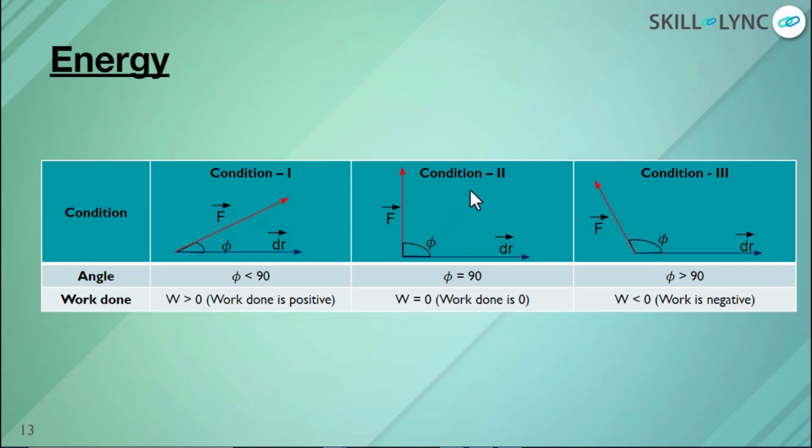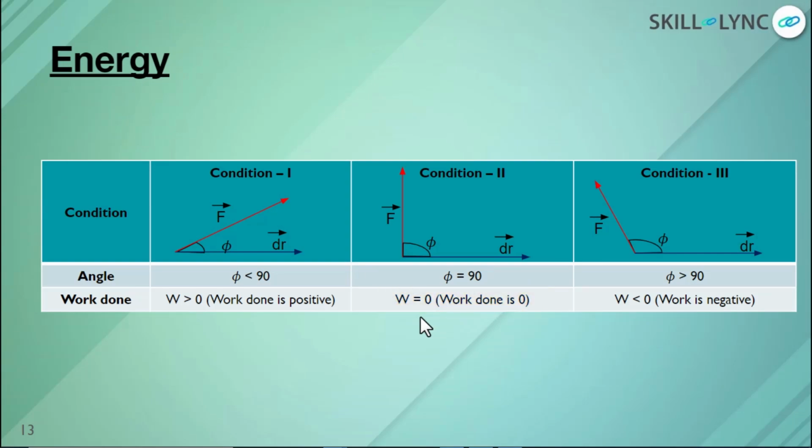Coming to condition 2, here we see that the force and the velocity are both acting perpendicular to each other. Therefore, the angle phi made between them is 90 degrees. As we have studied earlier, work done is equal to Ft cos phi.